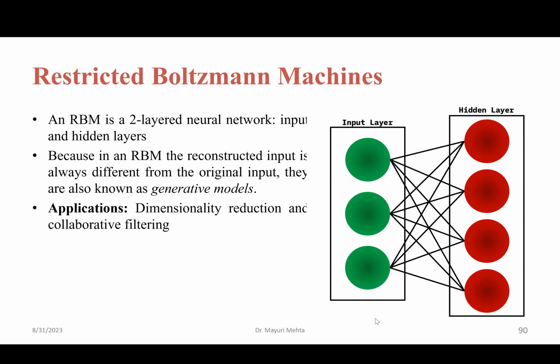During the training phase, RBM calculates the probability distribution of the training set using a stochastic approach. And when the training begins, each neuron gets activated at random.